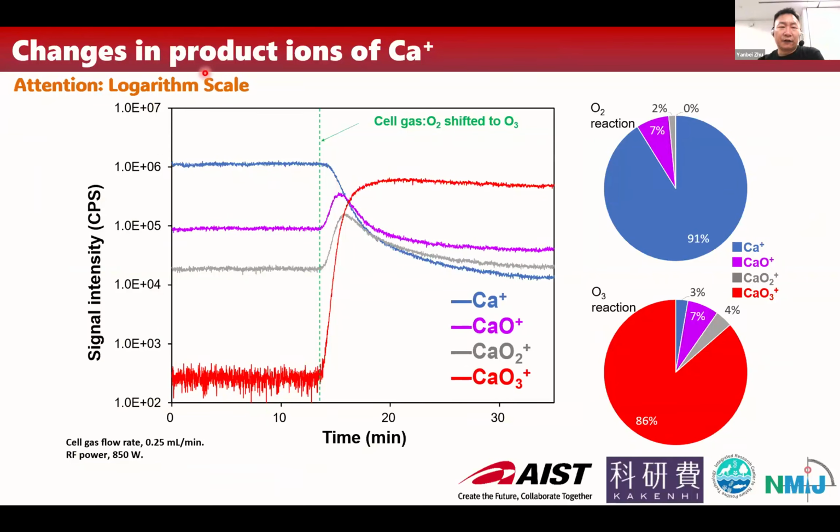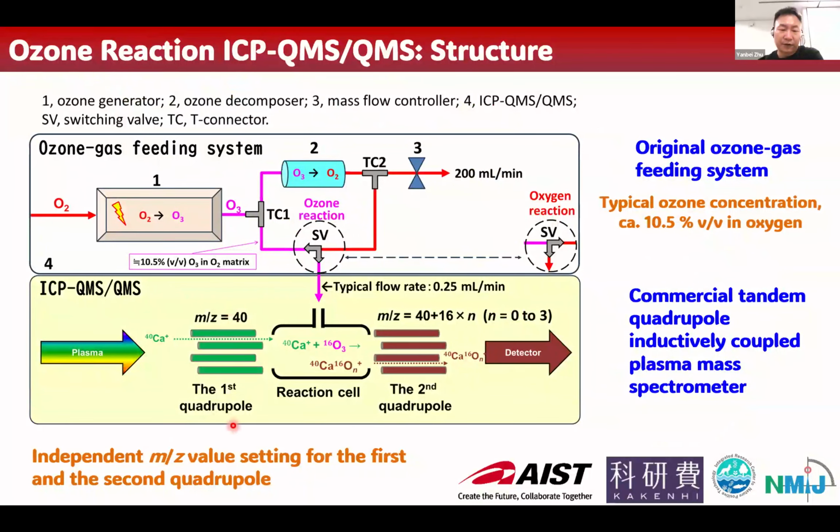Here, let's have a look at the changes in product ions of calcium. When we introduce calcium, we set the first quadrupole m/z value to 40 to permit the passage of calcium 40 and measure different ions.